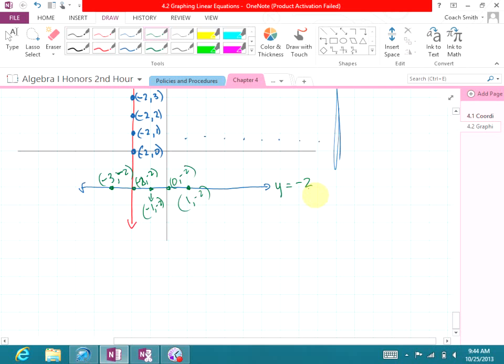Okay, so a horizontal line is Y equal negative 2 or Y equal something.